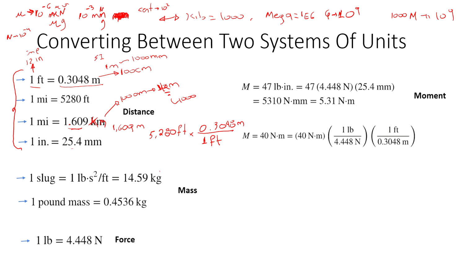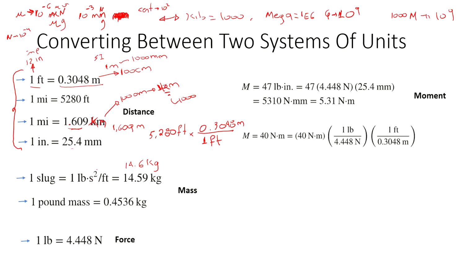But there are other less common units, such as the slug. 1 slug is 14.59, or we can also approximate this as 14.6 kilograms. That's why we have the word sluggish: kind of heavy, slow moving, things like that.